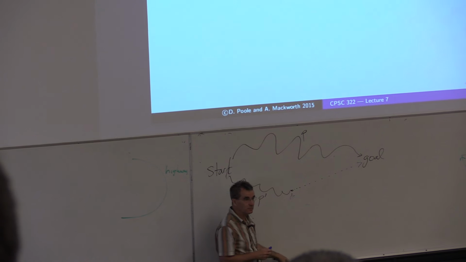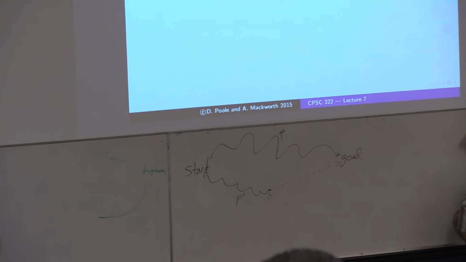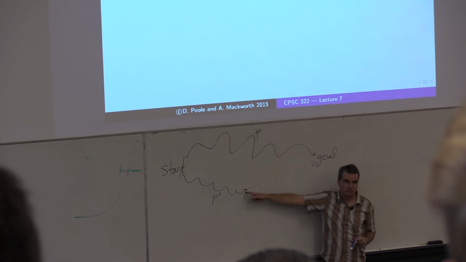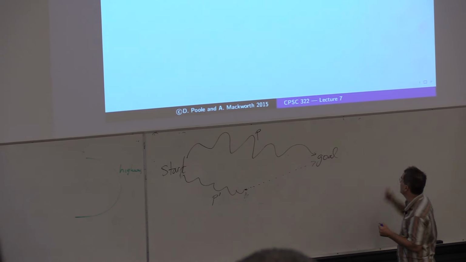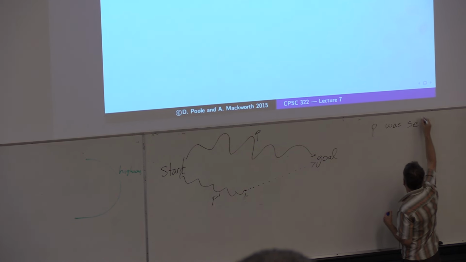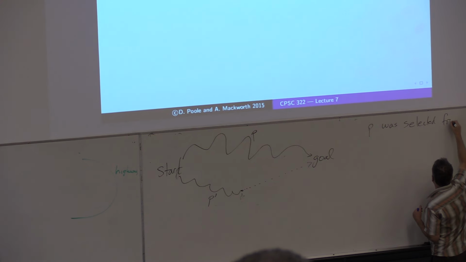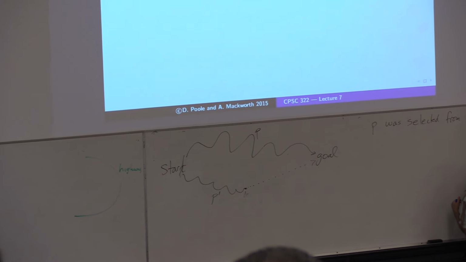So what does that mean, the fact that P was chosen before P prime on the frontier? P was selected from the frontier before P prime.